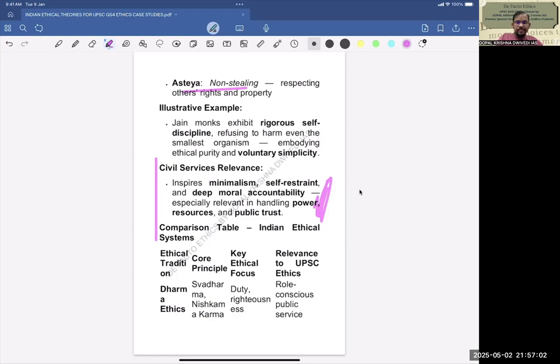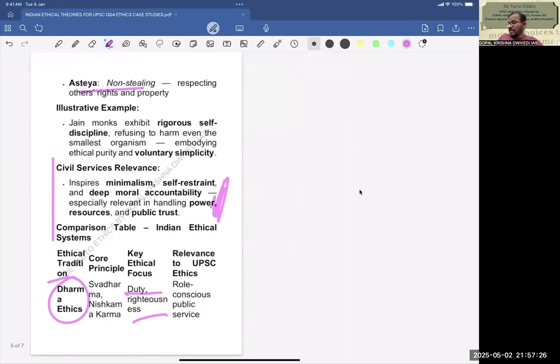Now let us compare them briefly. For dharma ethics, the core principles are Swadharma and Nishkam Karma; the key ethical focus is duty and righteousness; and its relevance to UPSC is role consciousness and public service.